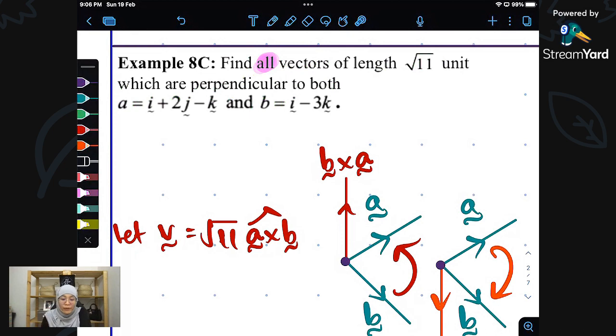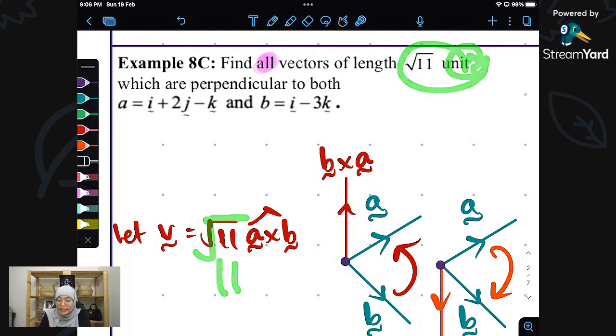So now let's have a look at cara penulisan saya. So let V, I give it a name of this vector lah. I know it's more than one vector, but I write down V sahaja dulu untuk sebagai permulaan, step 1. So V vector is equals to the length of the square root 11, but it said here square root of 11 unit.